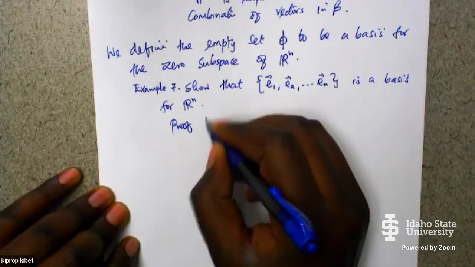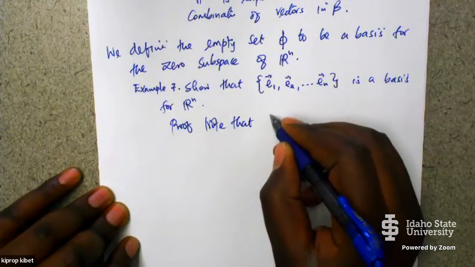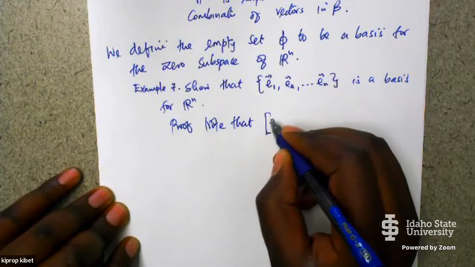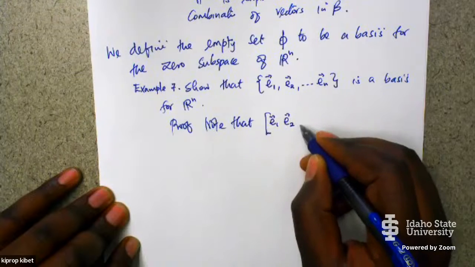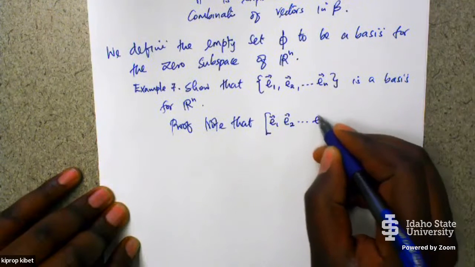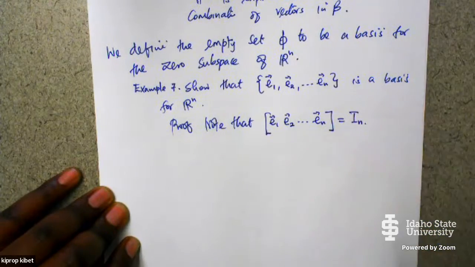To prove this, we note that if we put E1, E2, all the way to En in matrix form, it is the same as the identity matrix.